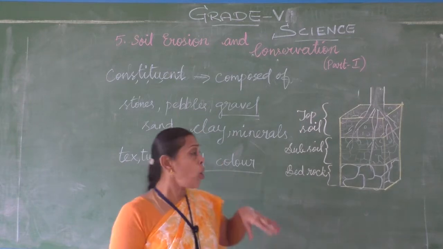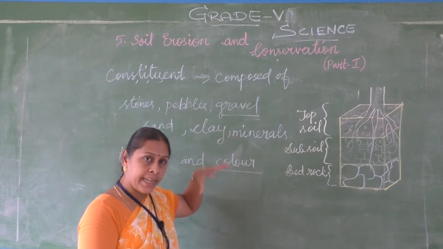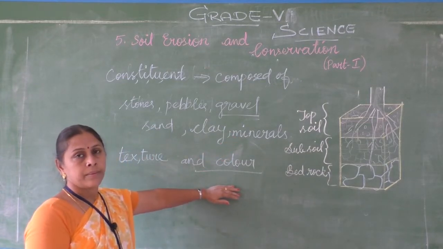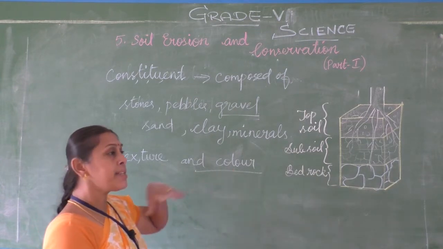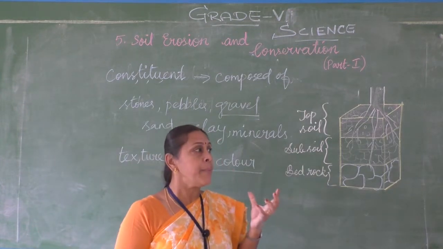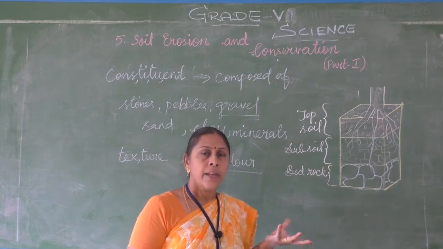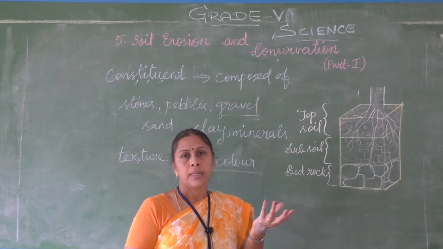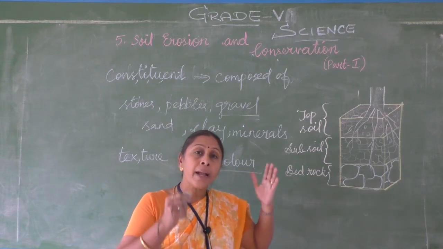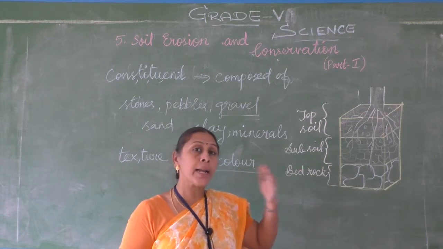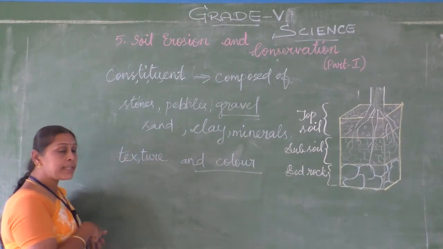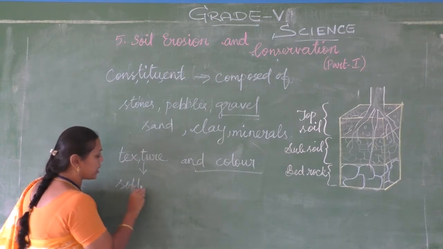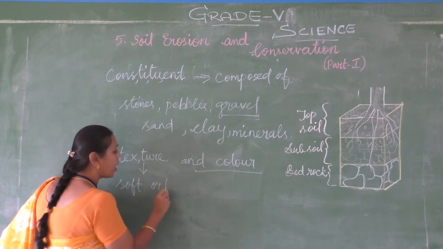So depending upon the minerals present in them, the color will be. If the soil contains more iron, it will be black in color. If the soil contains more sulfur, it will be yellow or orange in color. So depending upon the constituents, the color and texture. Texture means soft or hard, like that.